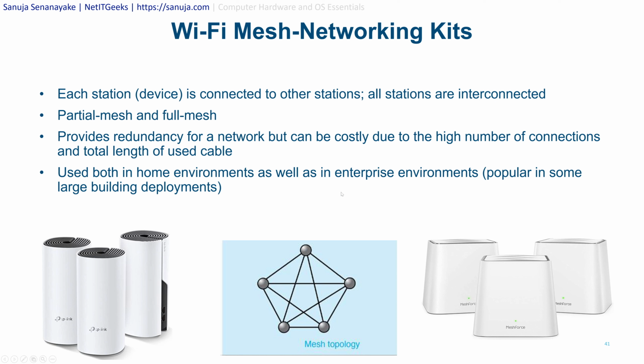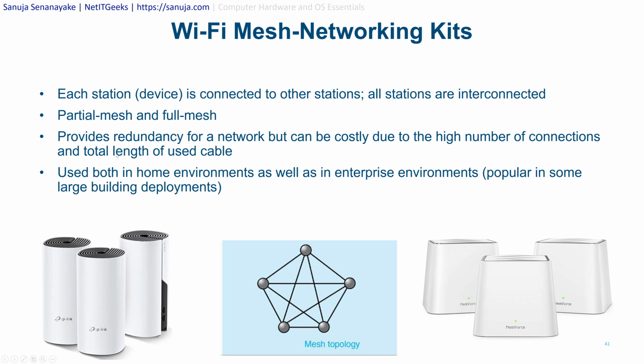They are used both in home environments as well as in some enterprise environments. Mesh networking kits are becoming very popular in the home environment because they're very easy to install. As I mentioned, in home kits sometimes you just plug one of them into the wired network and the others are just wireless. You only need power. You can put it anywhere in the house and they'll bounce off each other.